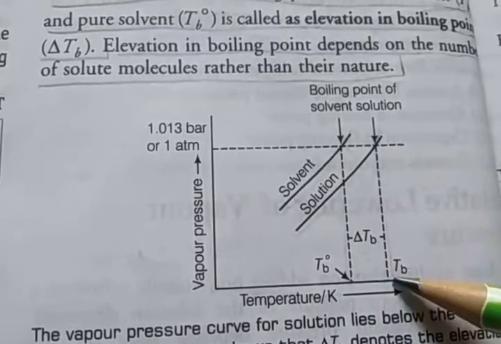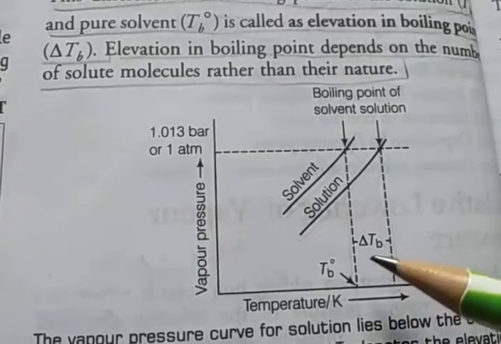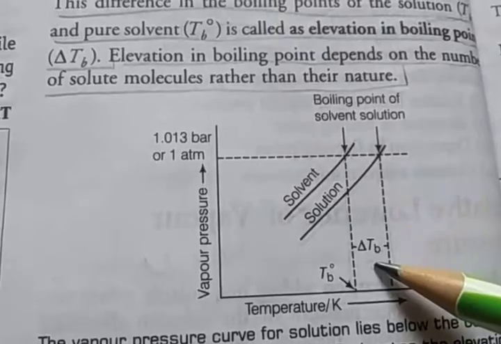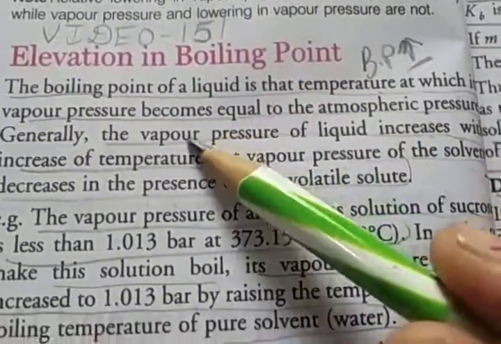Here you see this is indicated by TB. The difference between the boiling points, delta TB, is the boiling point increase, so we say elevation in the boiling point.